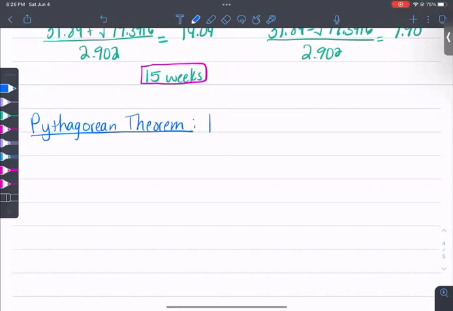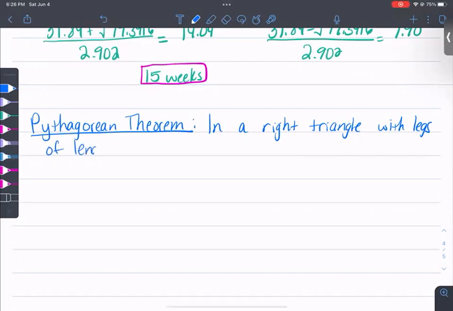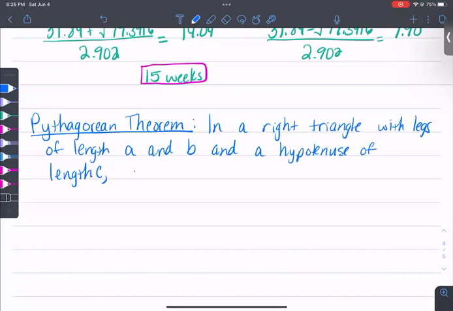So the Pythagorean theorem says that in a right triangle, with legs of length A and B, and a hypotenuse of length C, the Pythagorean theorem says that A squared plus B squared is equal to C squared.